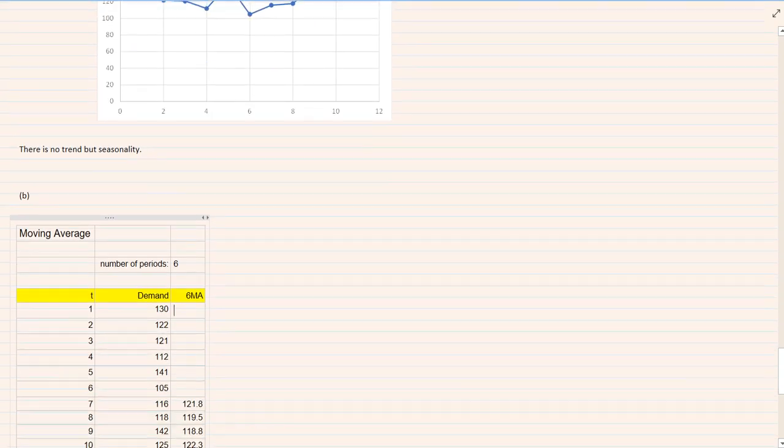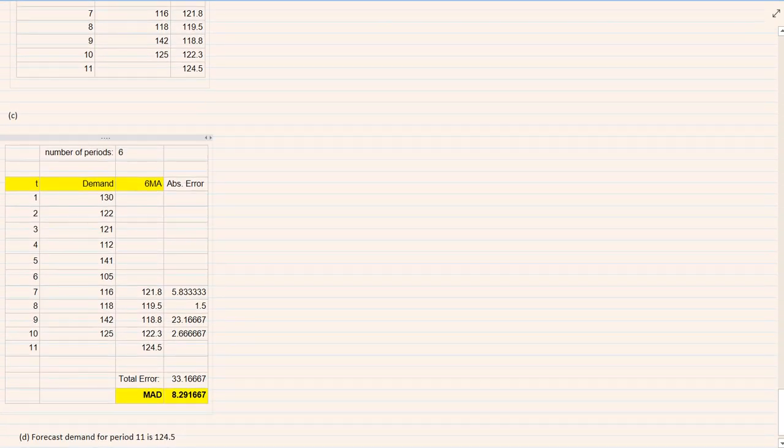In part C, compute the MAD. So here's how you compute it. Once you have these forecasts, you look at the absolute error. The absolute error is the absolute value of the error of this number, 116 minus 121.8, and this is what I got. And the next one, 118 minus 119.5, take the absolute value of that, and the next and the next.